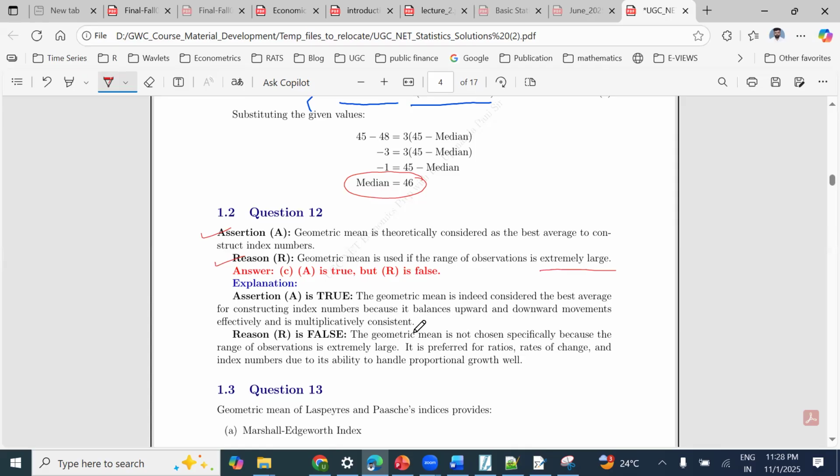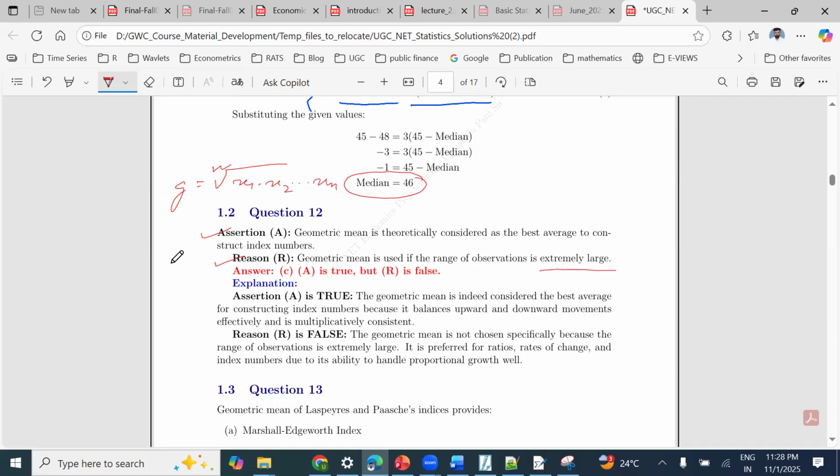What is the formula of geometric mean? So let us write that quickly. G will be equal to x1 into x2 into xn, up to root n.